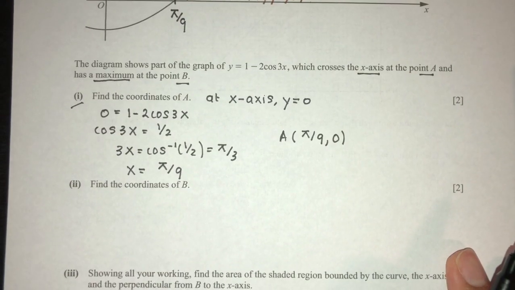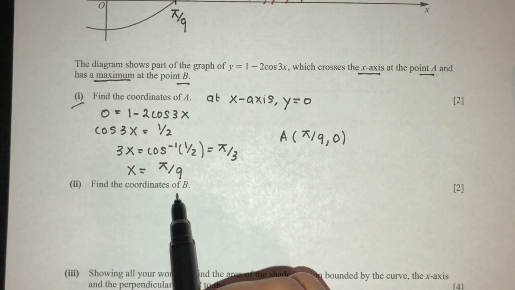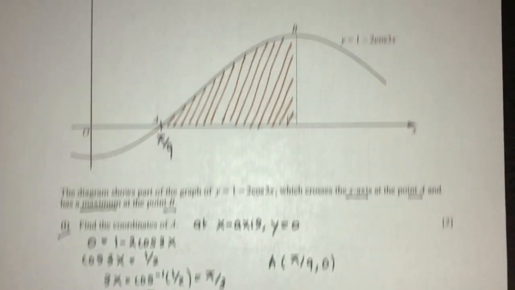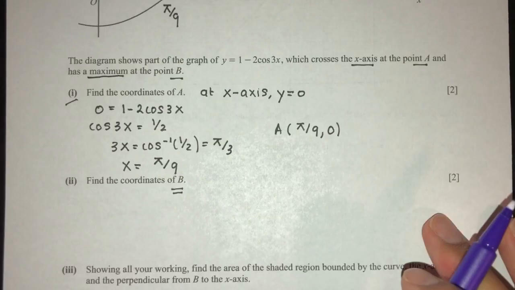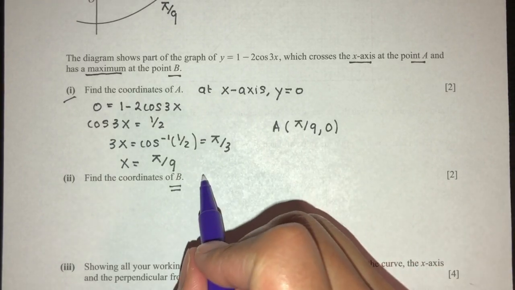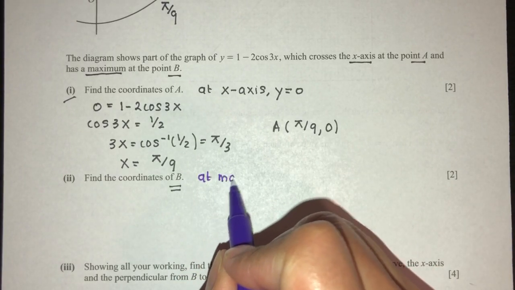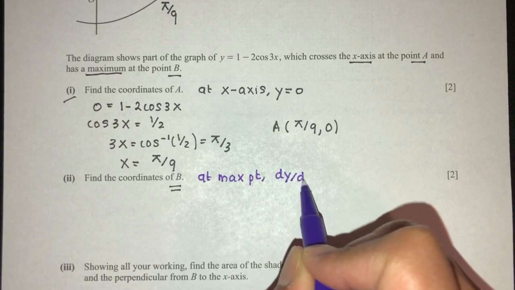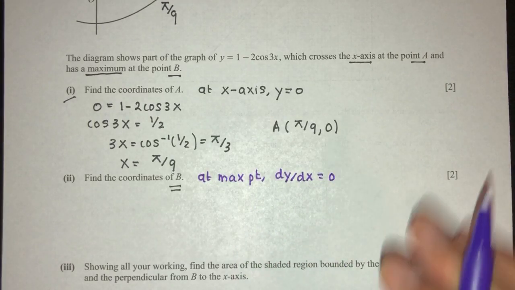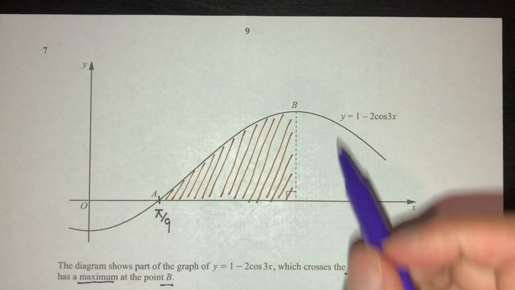The next one is we have to find the coordinates of B. B is the maximum point on this curve. So as you guys must know by now, at the max point, dy by dx is equal to 0. So let's find dy by dx. So here we have y.